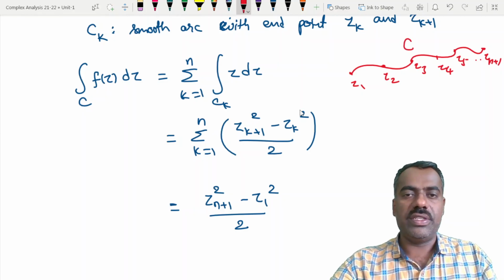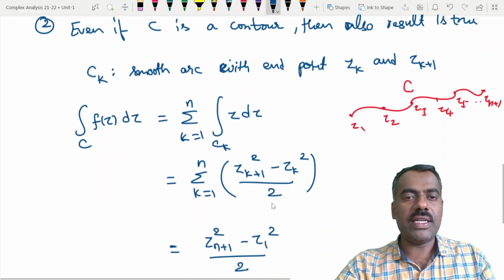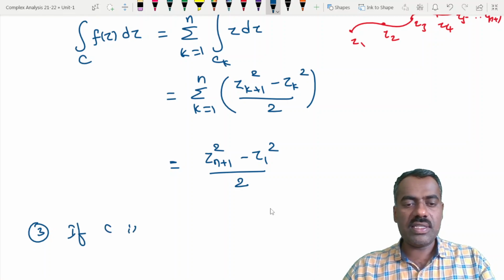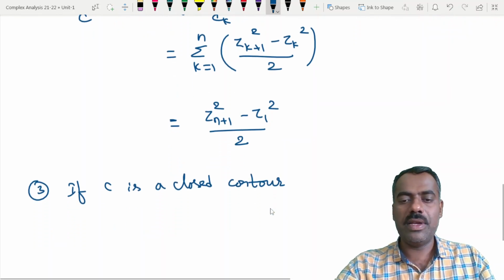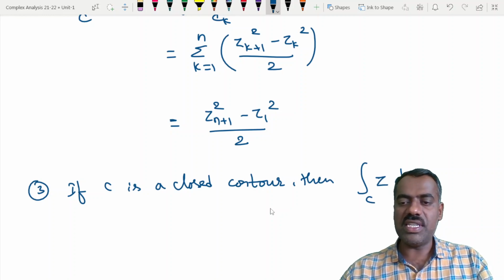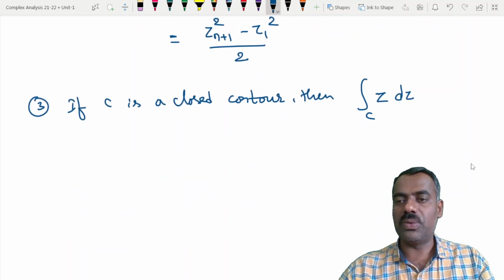Then also, as a third one, we can observe that if C is a closed contour, that means endpoints are same, then obviously the integration of z dz over C, because endpoints are same, this value is 0.